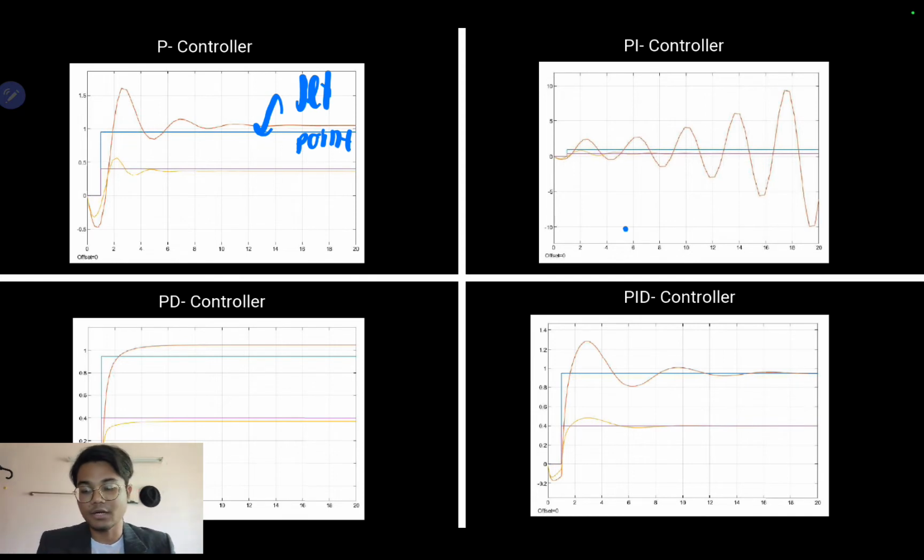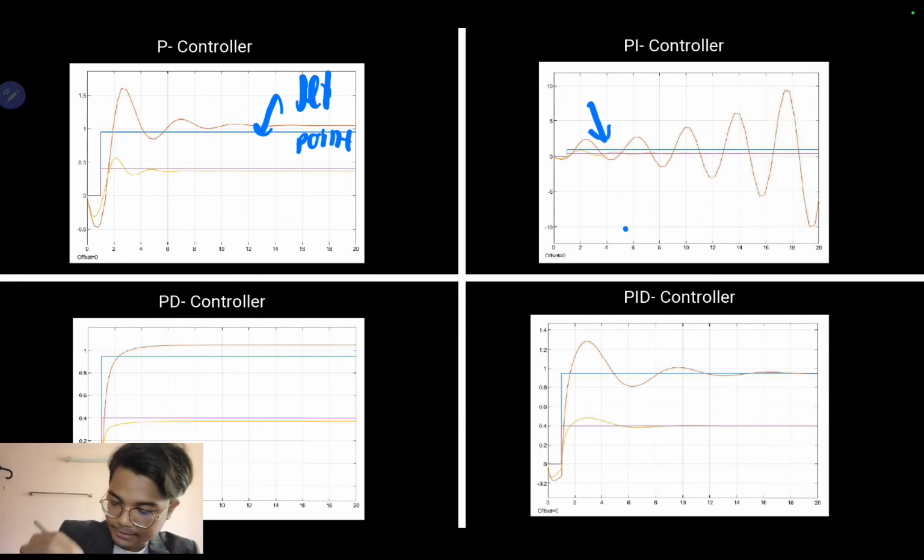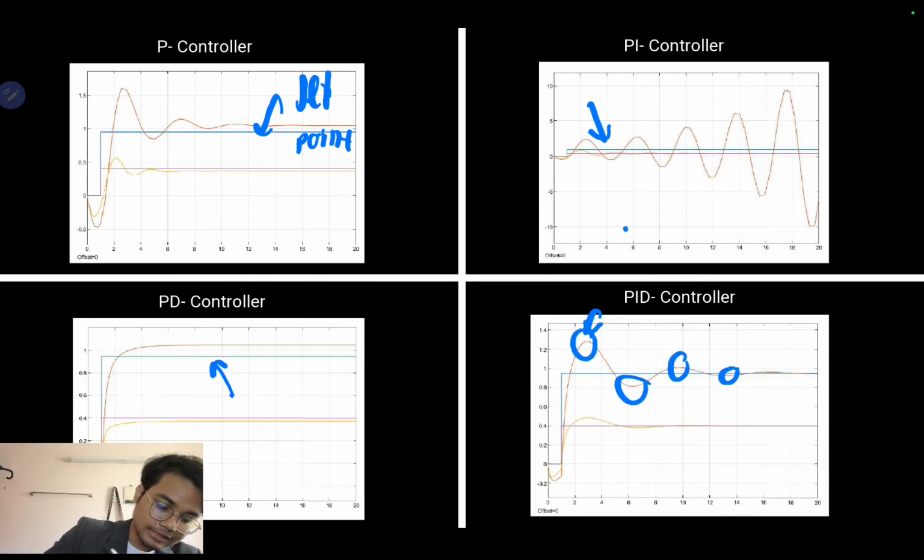That's why our set point is less than 1, maybe 0.95 or so. The PI controller shows this graph, and the PD controller this graph, and as we can see, the PID controller gives the best result, based on overshoot, number of oscillations, and no offset.